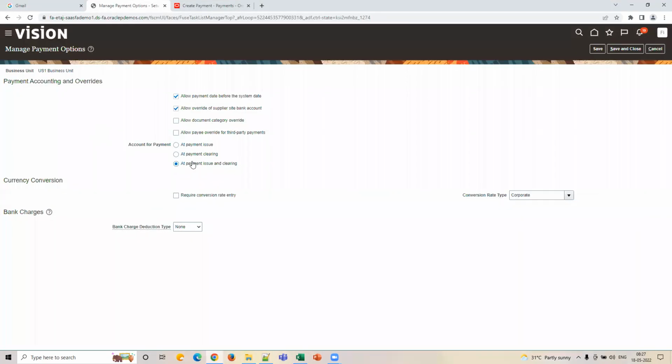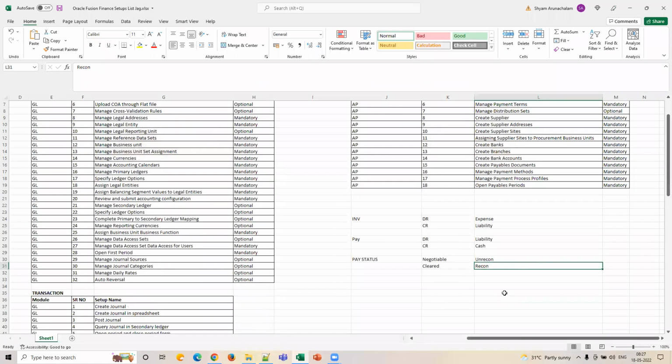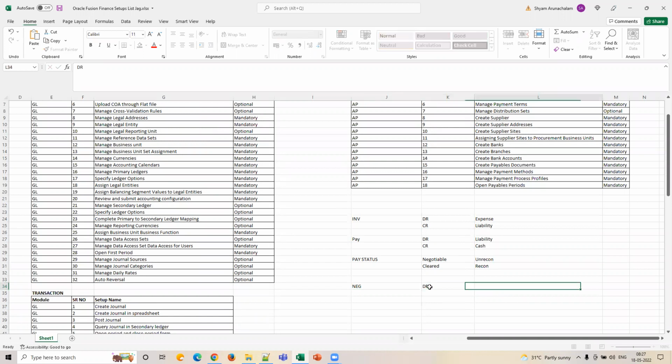Third option, at the payment issue and clearing. What I'm saying is, account for me at the payment issue and also after cleared. Then how the accounting entry will behave is, for negotiable, the same debit will go to liability, but the credit goes to cash clearing. It will hit a dummy account called cash clearing.